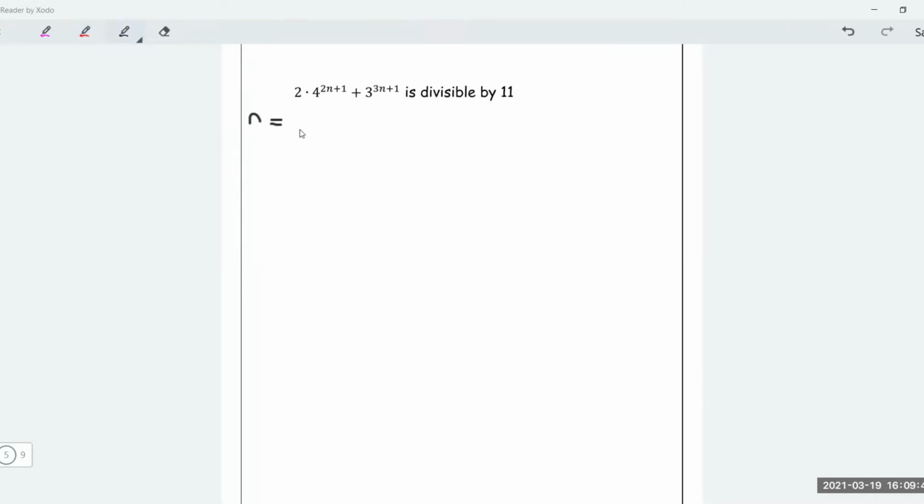So for n equal 1, we're going to get 2 times 4 to the, n is 1, so 2 times 1 is 2, plus 1 is 3, that's 2 times 4 cubed, plus 3 to the, n is 1, 3 plus 1 is 4, and what does that work out to be? So we have 2 times 4 cubed times 2 plus 3 to the 4, that's 209.